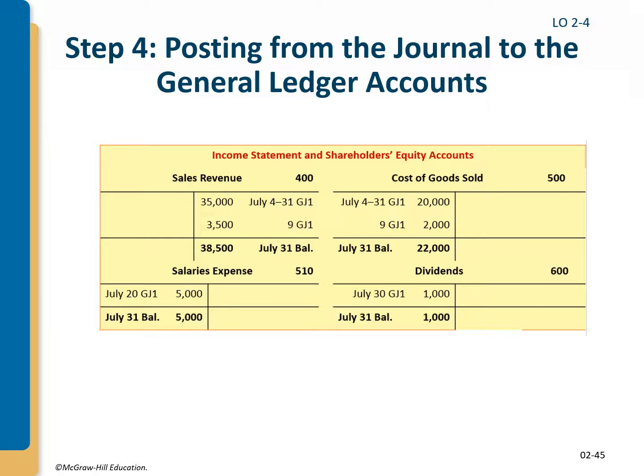The debits are 0, the credits are $38,500. We then subtract the smaller side from the larger side. So it would be $38,500 minus 0. So the answer is $38,500. The balance will go on the side that had the larger total, $38,500. For cost of goods sold, it would be a debit balance of $22,000.